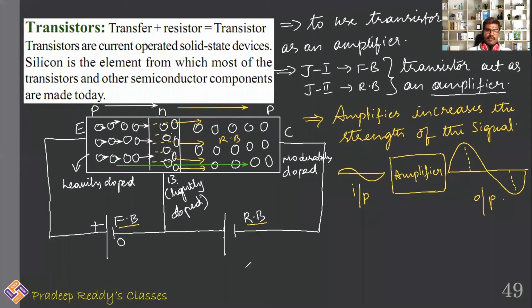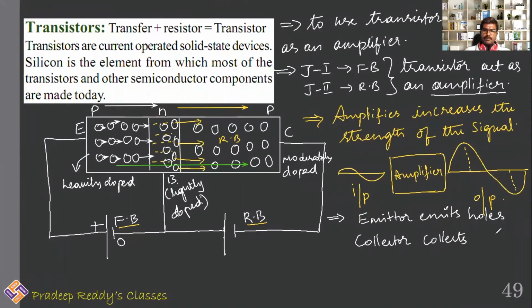Therefore, in this PNP transistor, the emitter emits holes and the collector collects holes. As the collector is collecting the majority charge carriers coming from the emitter, it is named the collector.